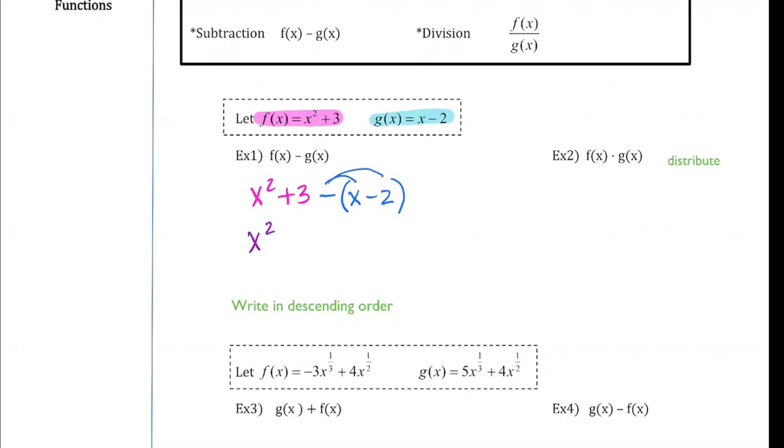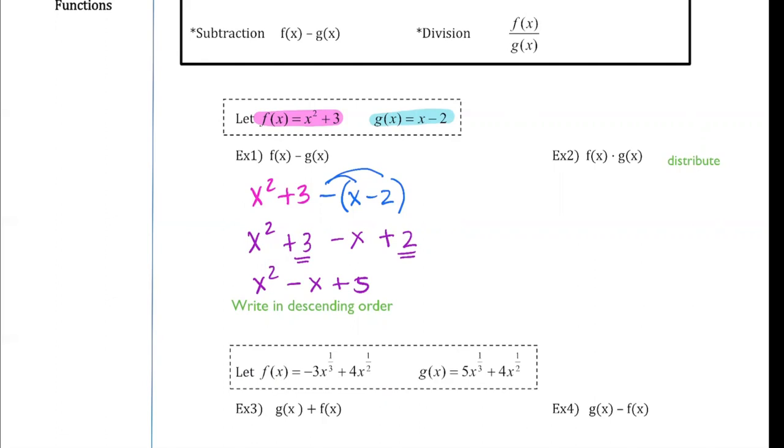So we have x squared plus 3 minus x, now plus 2. Here are my like terms, so I will combine those and put that minus x here, so that's in descending order, and now the plus 5. Just like with other addition and subtraction of other things, you can do it with functions.